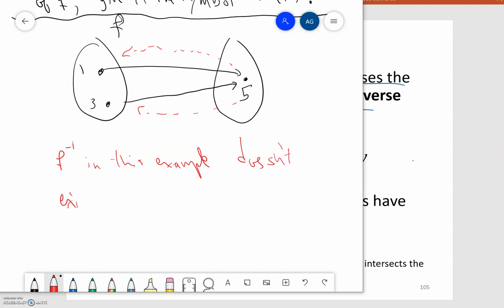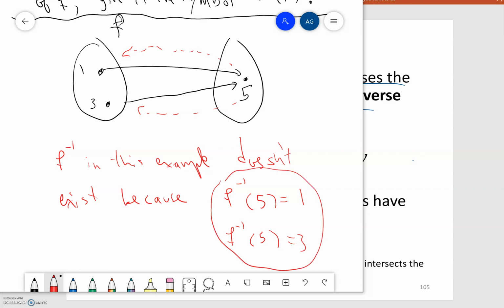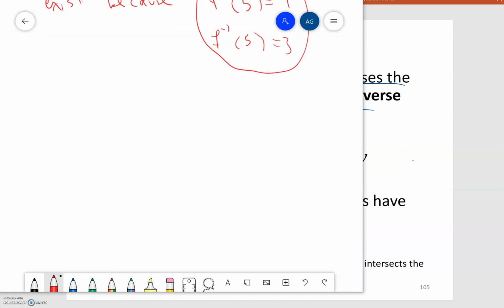But it doesn't exist because f inverse of 5 would be equal to 1, or f inverse of 5 could be equal to 3. And so we have one input with two outputs. So we have a problem with the inverse function, okay? But we don't have a problem with the regular function. So the graphical analog of this is what we call the horizontal line test.